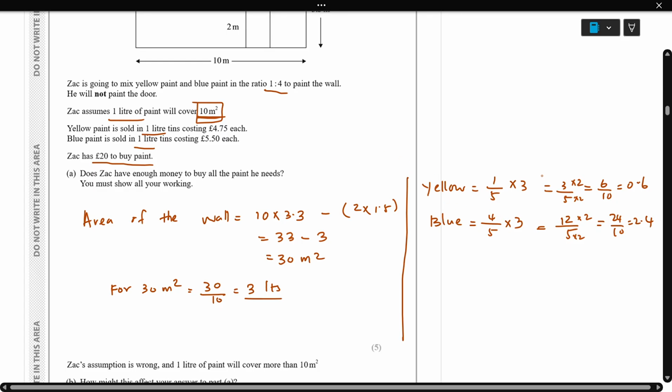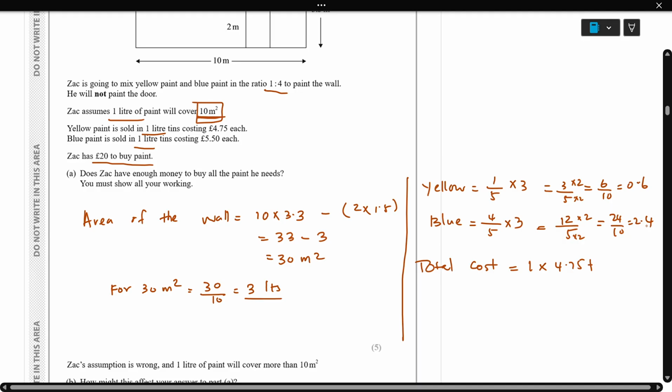We cannot buy such a small amount of paint, so we have to buy a 1 liter pack. Yellow paint is sold in 1 liter tins. So obviously for yellow paint we need 0.6, but we need to buy 1 liter, because we need to buy by the tin. So the total cost: yellow we need to buy at least 1 tin, so 1 times 4.75, plus blue paint.